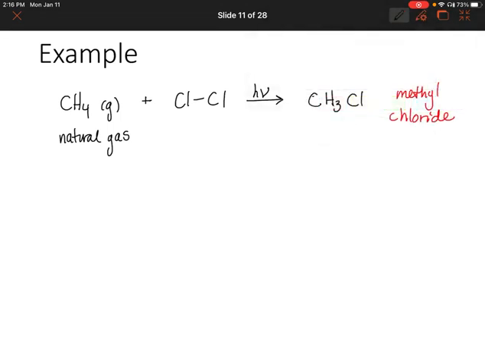However, if you add too much chlorine, then you're going to see methyl chloride react with another chlorine molecule to produce CH2Cl2.